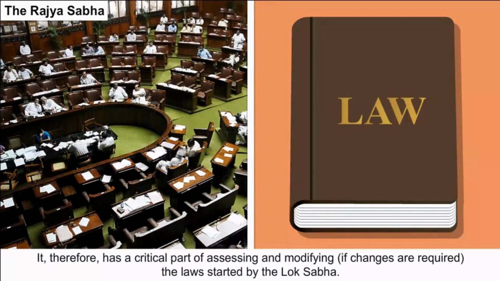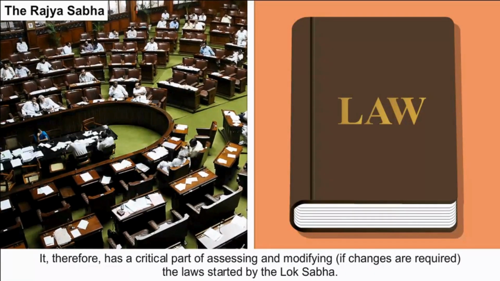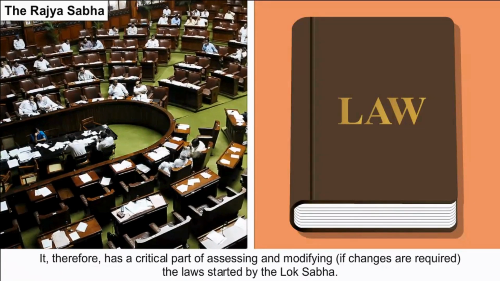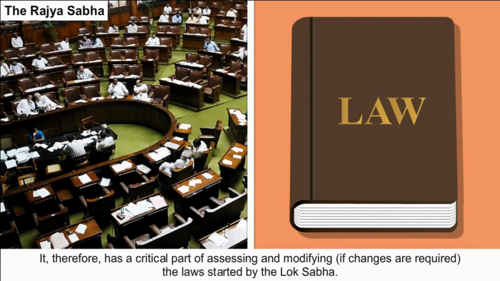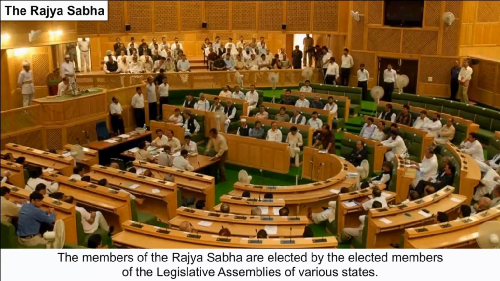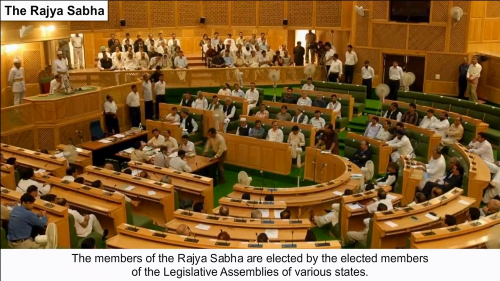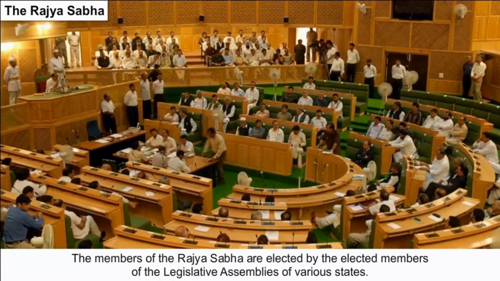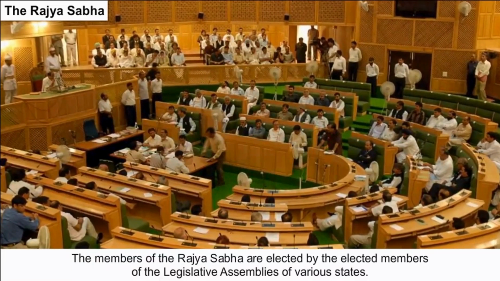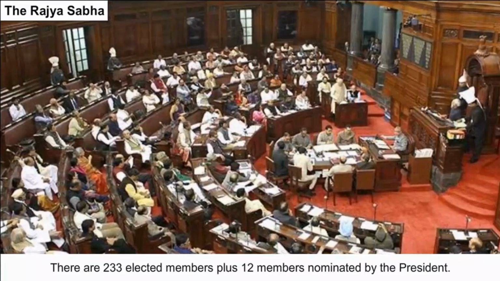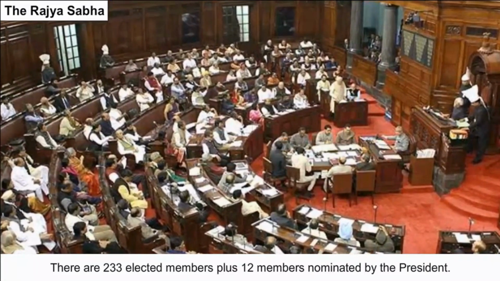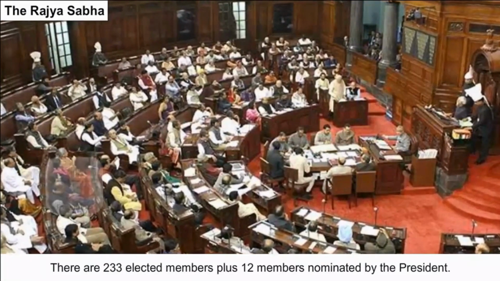It therefore has a critical part in assessing and modifying, if changes are required, the laws started by the Lok Sabha. The members of the Rajya Sabha are elected by the elected members of the legislative assemblies of various states. There are 233 elected members plus 12 members nominated by the President.